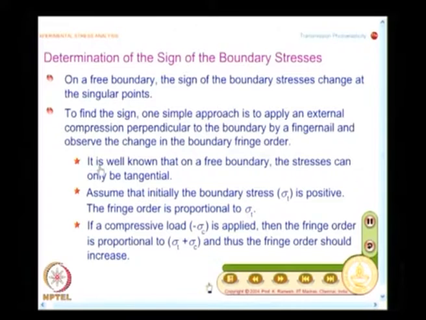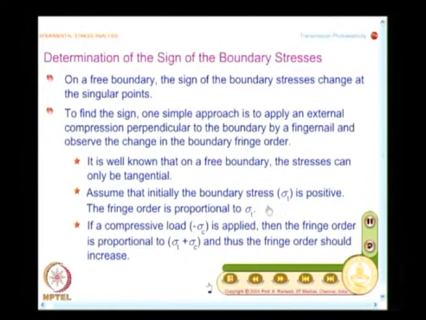First principle is, it is well known that on a free boundary the stresses can only be tangential. So, this is the first point that you need to keep in mind. And for our discussion, let us assume that initially the boundary stress is positive. So, I label it as sigma t.